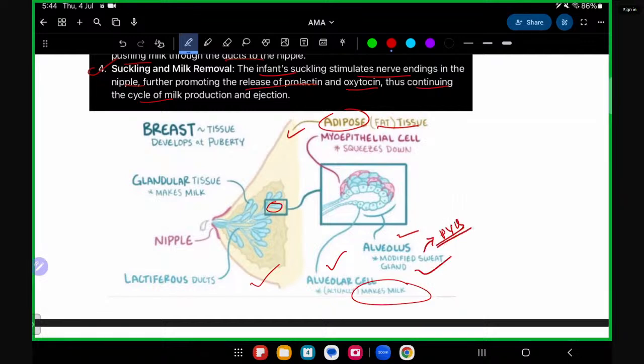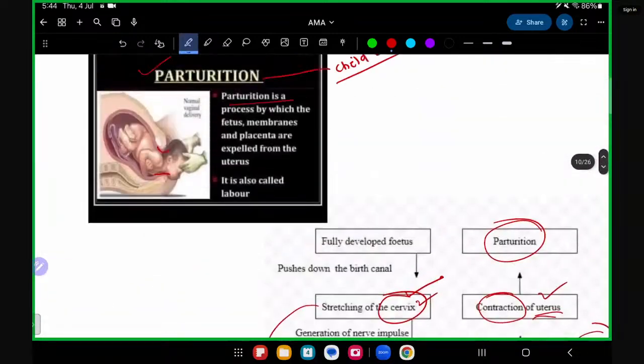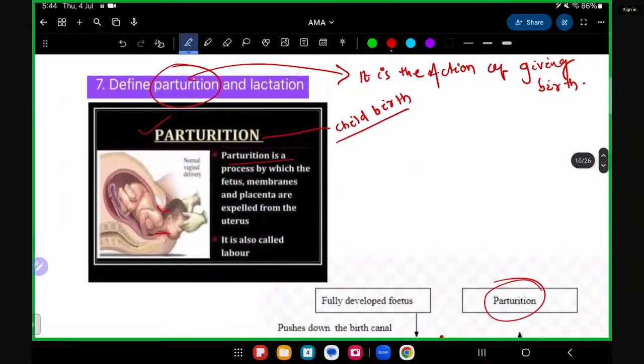Then alveolus leads to lactiferous duct, then lactiferous duct to the nipple. Right. Then here we know, one is parturition process, second is lactation process.